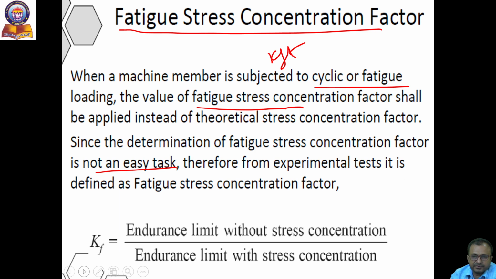So therefore, from the experimental test, the fatigue stress concentration factor KF is defined as the endurance limit without stress concentration divided by the endurance limit with stress concentration. It is a ratio of without stress concentration to with stress concentration.